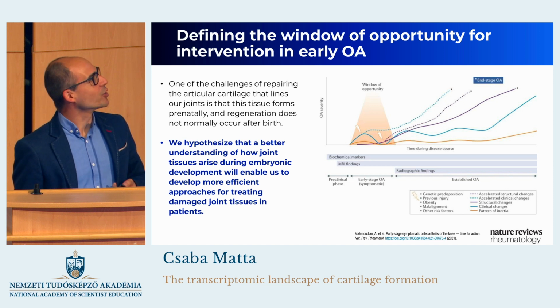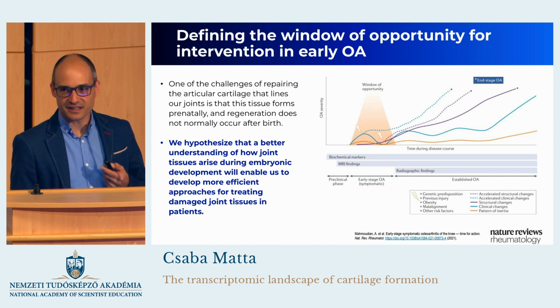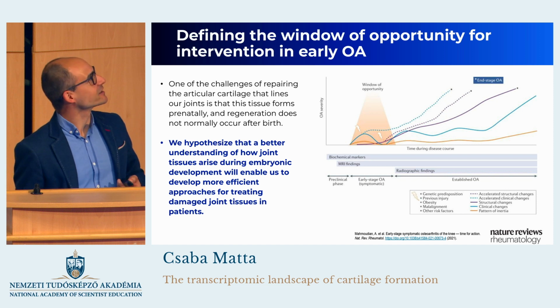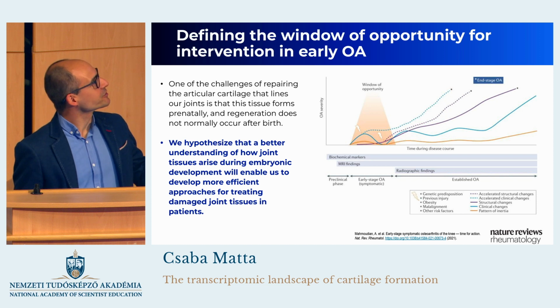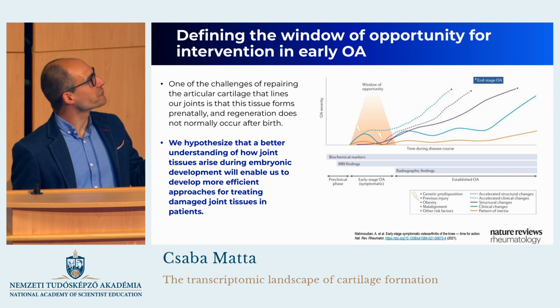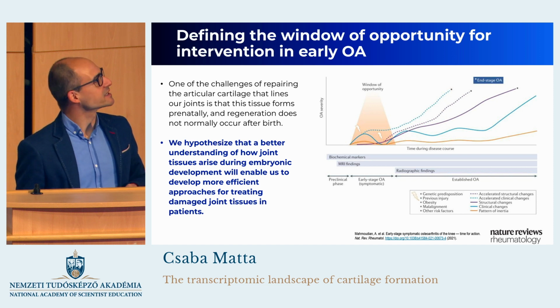So studying the normal formation of cartilage in humans is not easy. But we hypothesized that if we better understand how joint tissues, especially articular cartilage, form in utero, so in the embryo and in the fetus, hopefully we will be in a better position to develop novel or more efficient approaches to help patients suffering from this disorder.